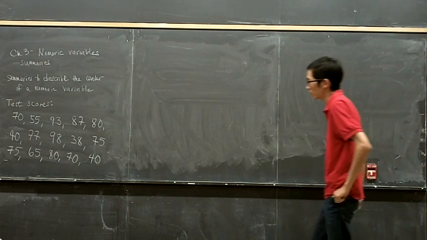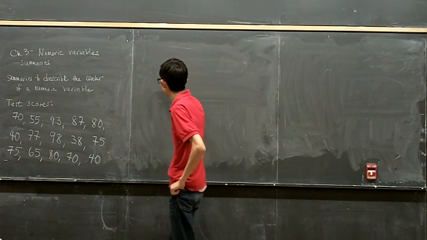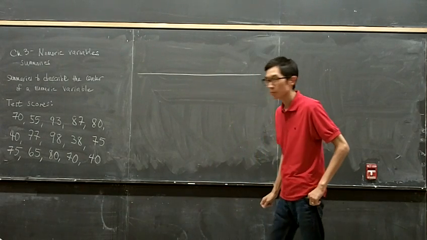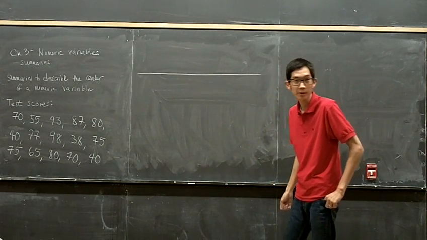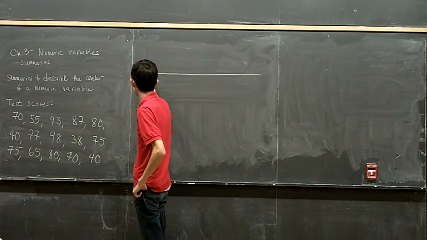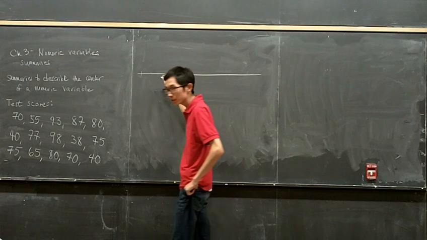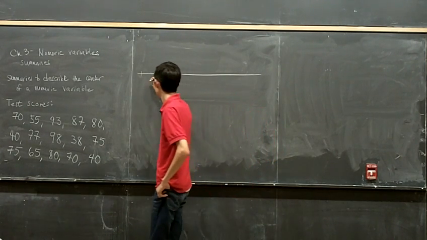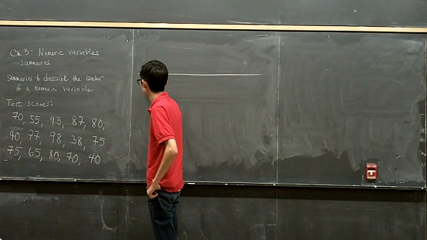Let's make a histogram here. Across the histogram I've got to make some kind of number line.